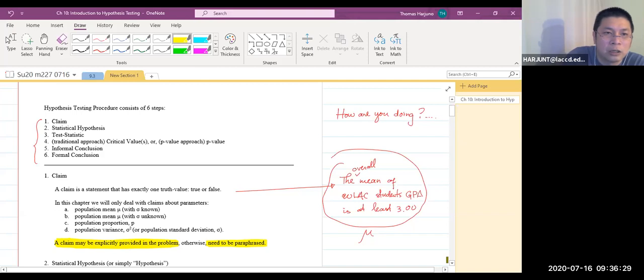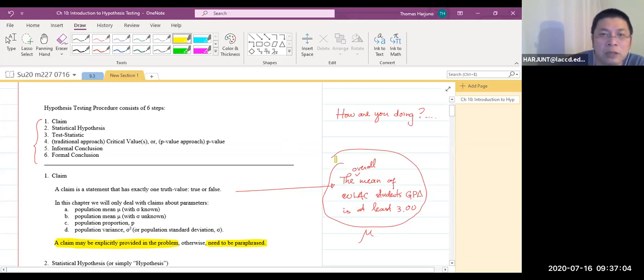Usually the claim may be basically cut and pasted from the sentence: test the claim that the overall mean of West Island College students' GPA is at least 3.00. Now, this claim is in words, such that when you write your step 1 later on, it has to be in words also.